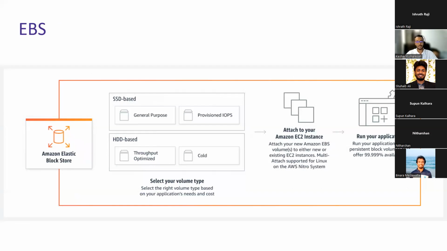But if you're doing very slow processing that doesn't really require a lot of disk, then you might choose HDD based storage. So based on what you choose, the pricing will also differ. The HDDs are a little cheaper than SSDs, but generally you will choose one of these and you will attach it to an EC2 instance, and that instance will start to use that particular volume.